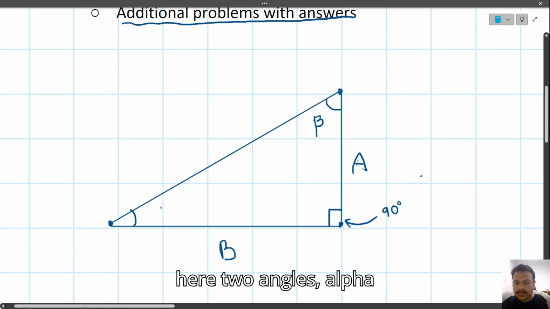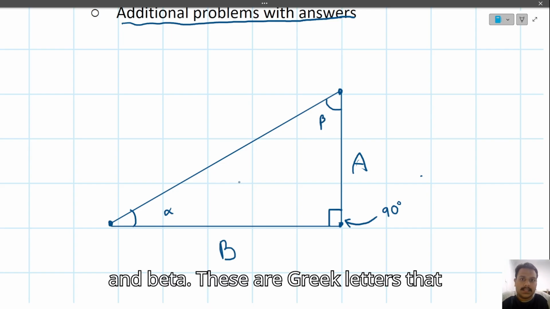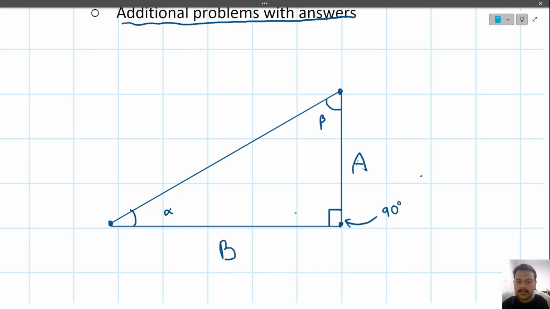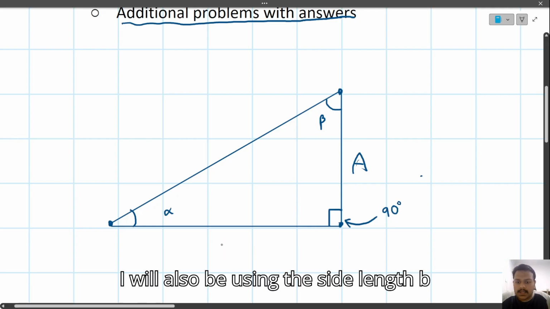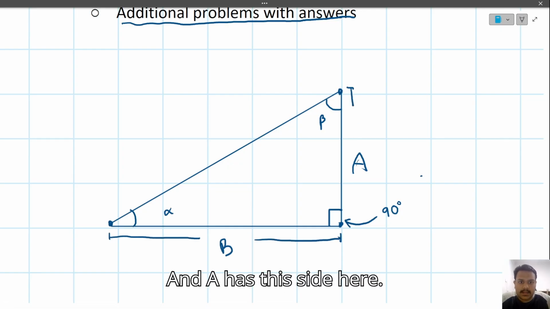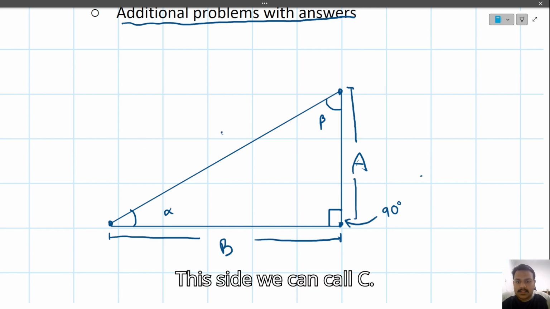I've also labeled two angles, alpha and beta. These are Greek letters that are usually used to denote angles. I will also be using the side length B as this side here, and A as this side here. This side we can call C.